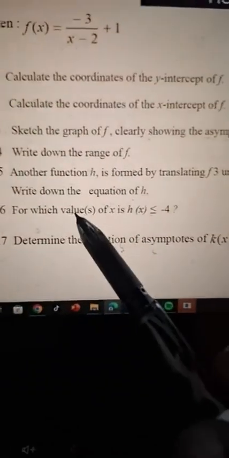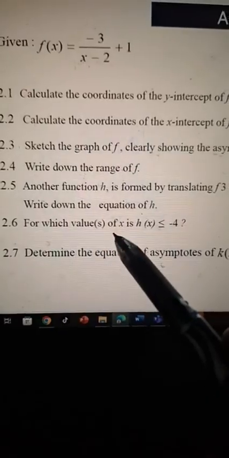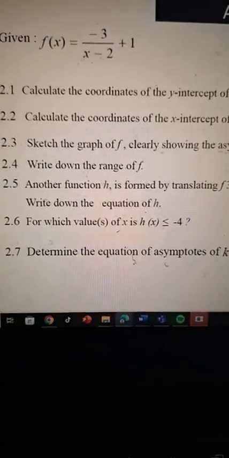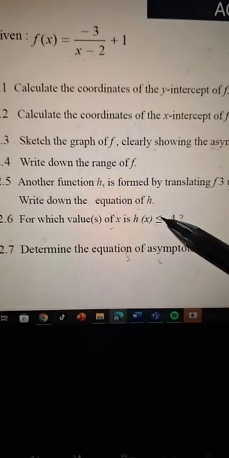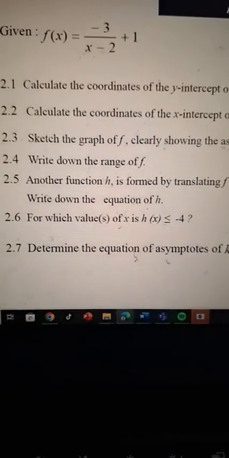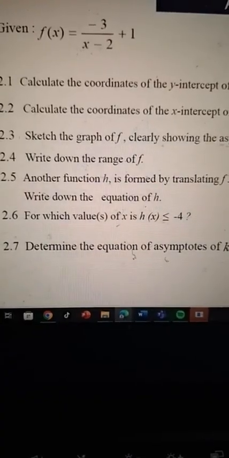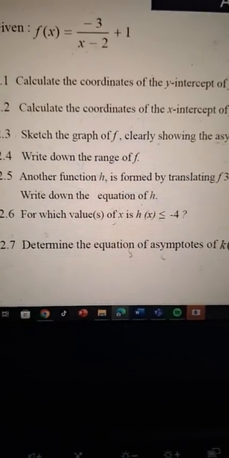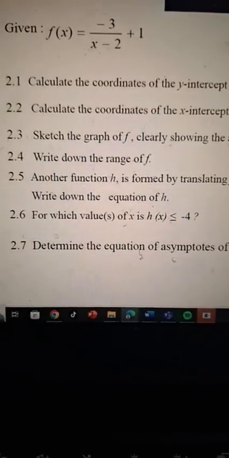The next question, look at it. This next question says, for which values of x is h of x, the new function, less than or equal to negative 4? Hey, interesting question. For which values of x is h of x less than or equal to negative 4?